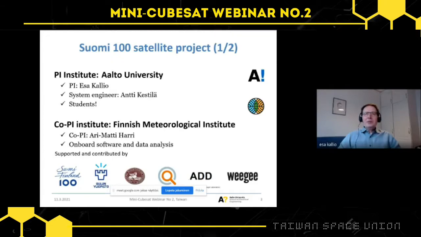The Finnish Meteorological Institute's main role was the onboard software, and they are also contributing to the data analysis and to really making science using the instrument data. And it was supported by many other universities, government organizations, and companies.